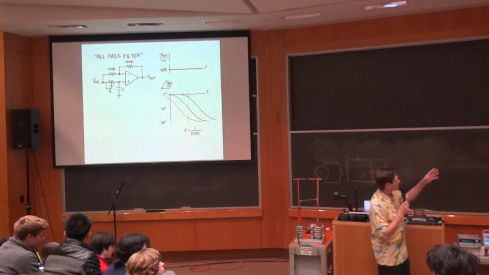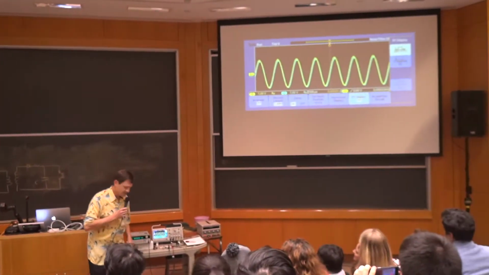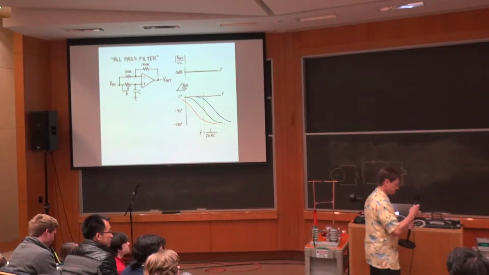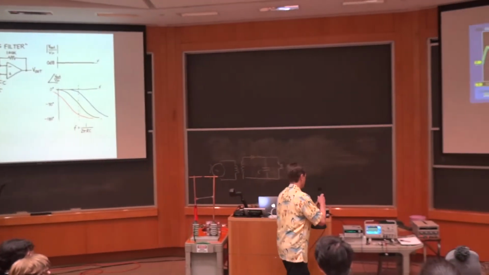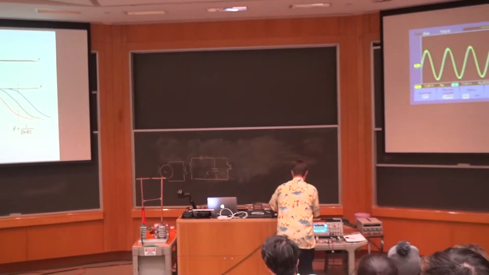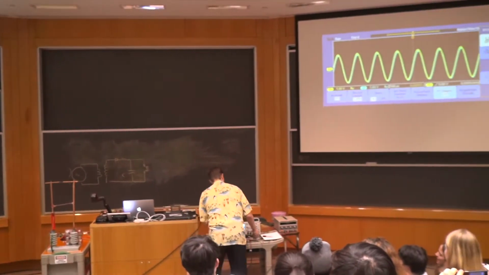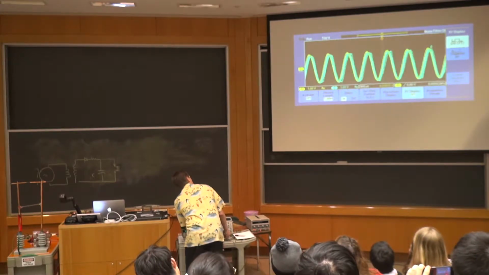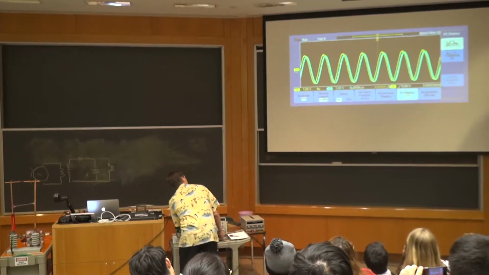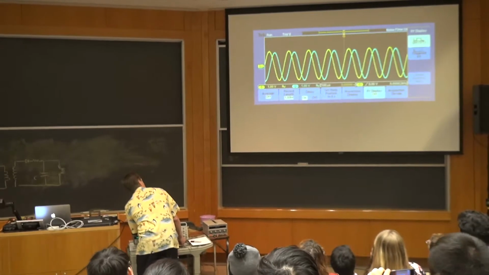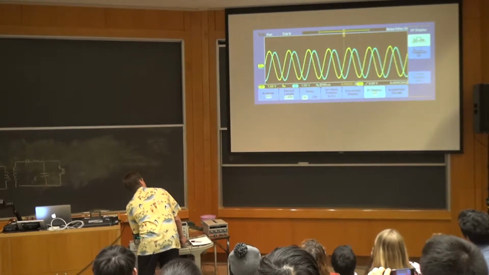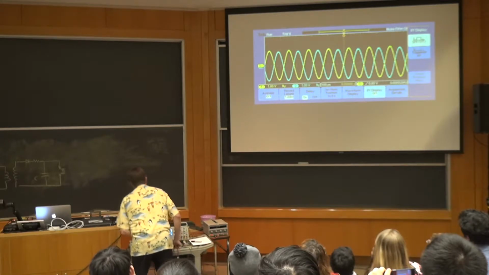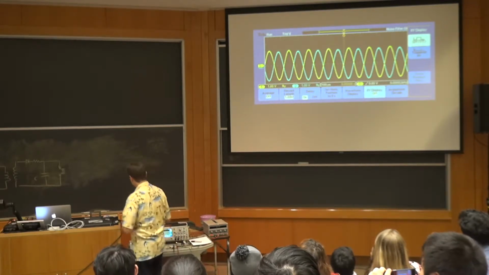So here I've got it where there's almost zero phase shift from input to output, and let me use this adjustable resistor here so you can see as I go, there it's about a 90 degree phase lag, and going all the way there, it's just about 180 degrees.